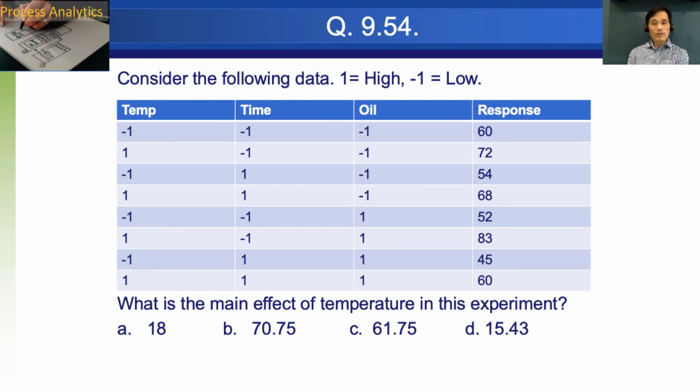So the difference between high and low, in terms of main effects, will be 70.75 minus 52.75. So the difference is 18. So the answer to what is the main effect of temperature in this experiment is 18, right? So 18 is the answer here. So the answer is right here.